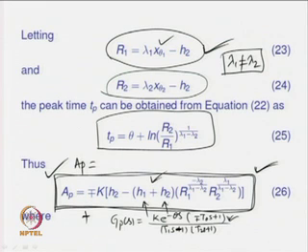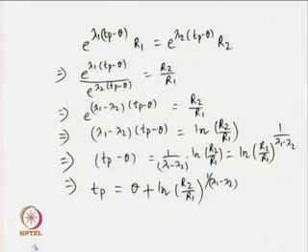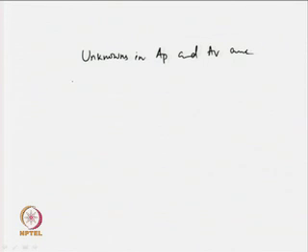So, if you look carefully, the unknowns in the expressions for AP and AV are lambda 1, lambda 2, lambda 3.